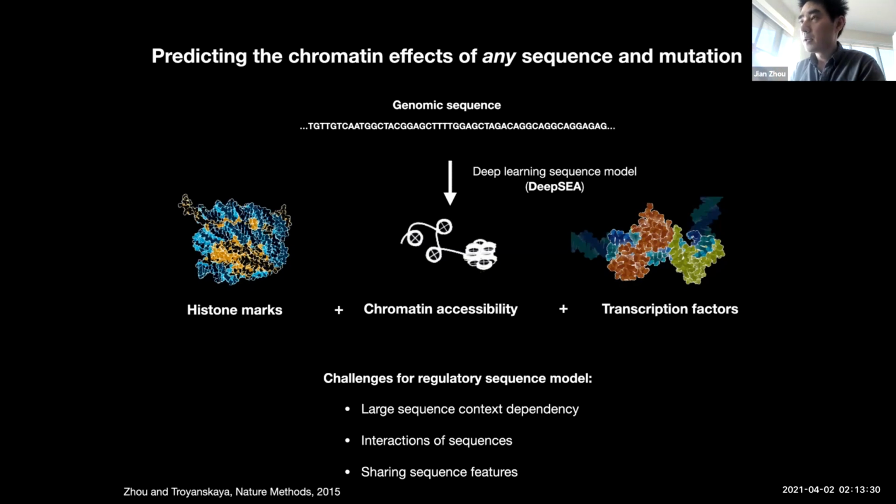Secondly, because we would like to utilize a large sequence context, to use that efficiently we have to be able to model the nonlinear interactions across different regions of the sequence.